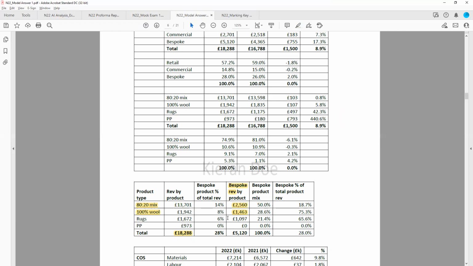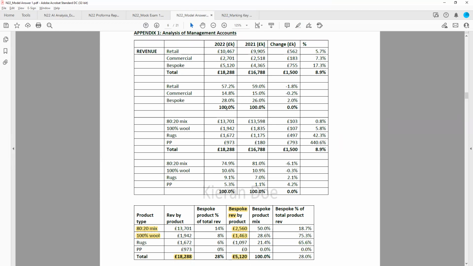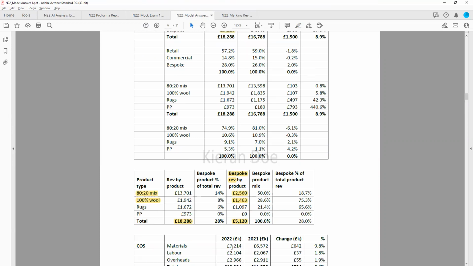And then we can do the same for rug, we're told 6%. And therefore you can see you'd get to the total for bespoke revenue. But of course, now we've got the breakdown by product mix. And that's something, of course, we could do in the AI and something we did, of course, in the AI analysis class.